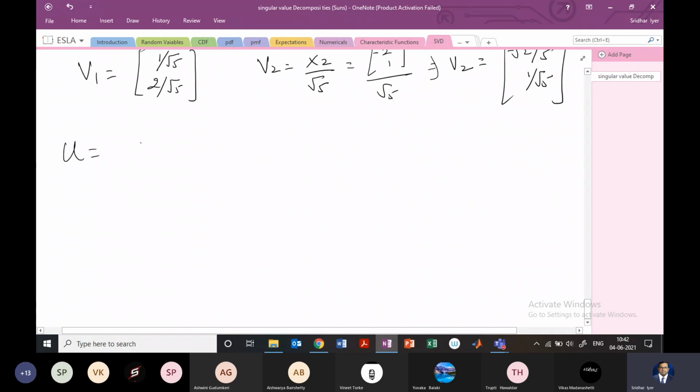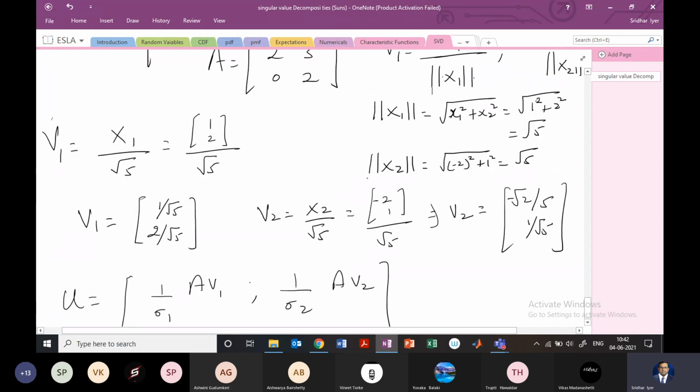So u is 1 by sigma 1 A v1, 1 by sigma 2 A v2, right? We've calculated the values of v1 and v2. They are there in front of your screen, so I'll just bracket them. This is v1 and this is v2.